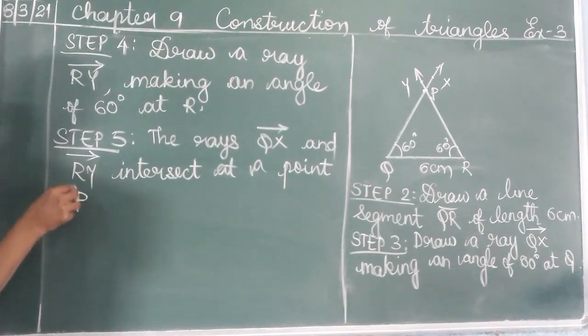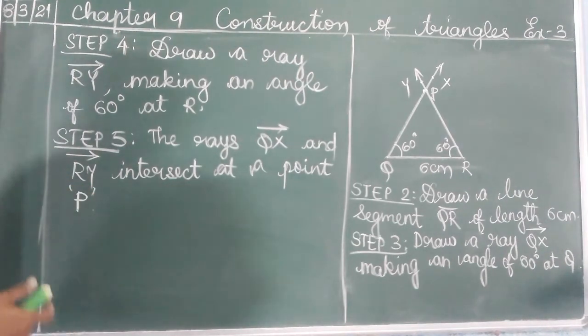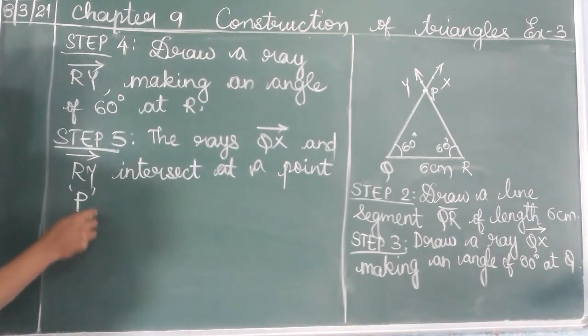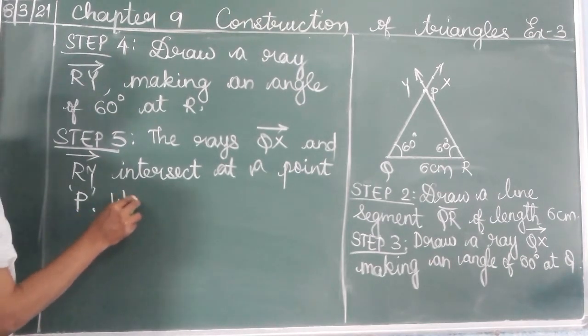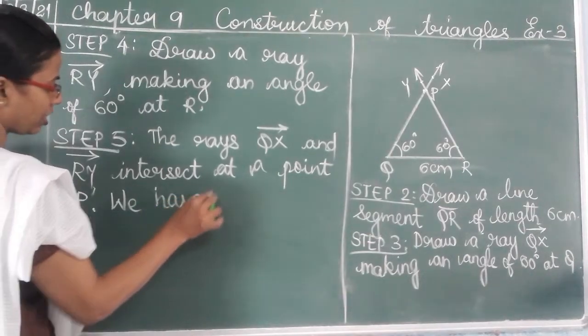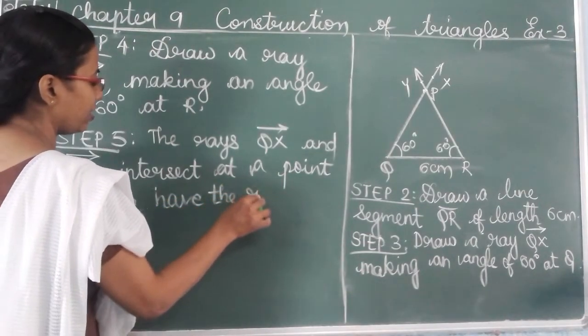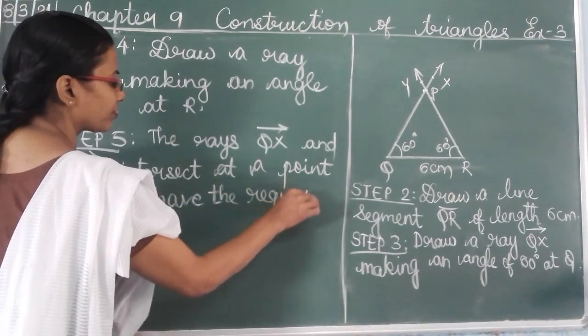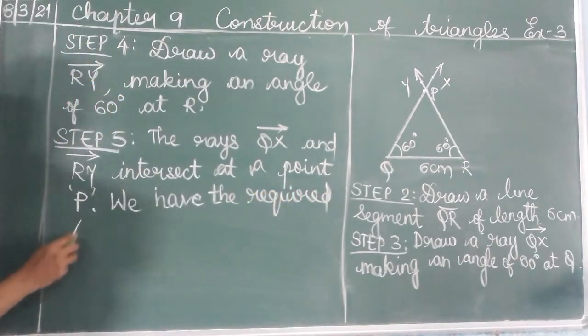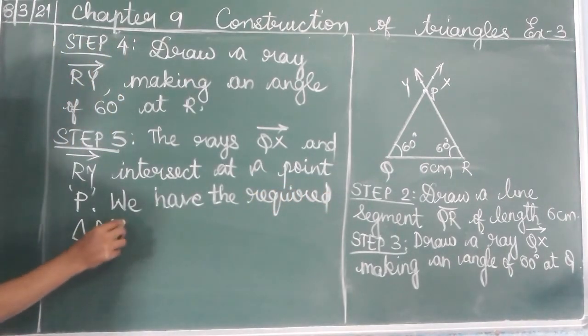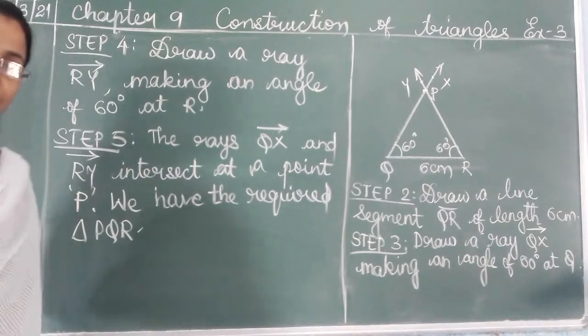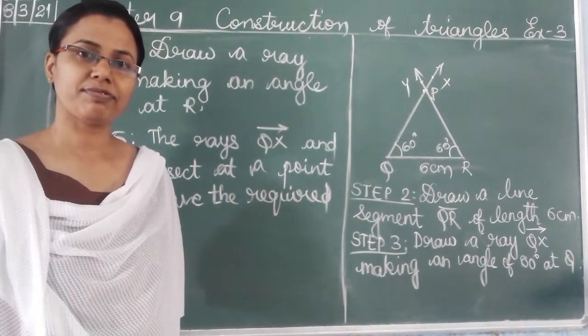That point I am writing it as P. At a point P. Now what did we get? We have the required triangle PQR.